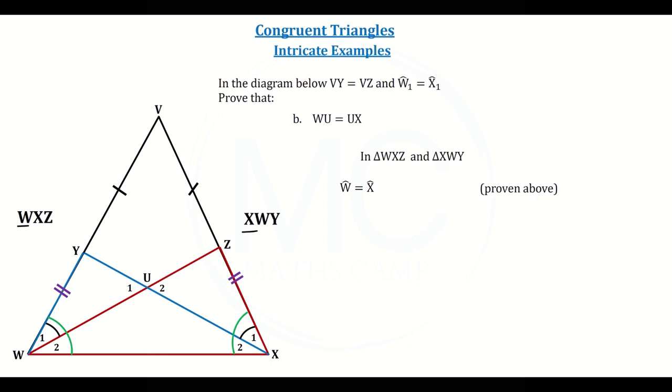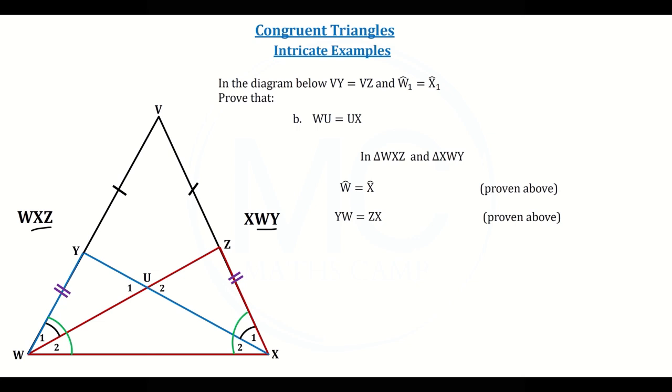We have also just found that YW is equal to ZX. We have already proven this to be true, so we use proven above as our reason. W and Y are the second and third letters in triangle XWY. X and Z are the second and third letters in triangle WXZ. So these are corresponding sides.